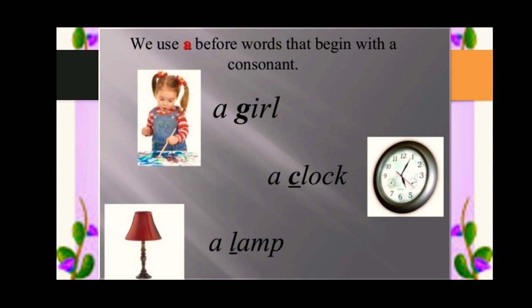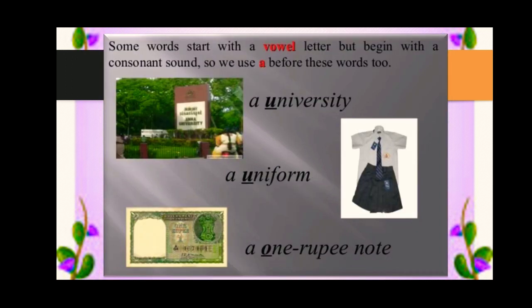Now we will have more examples. As it is already clear that a we use before a consonant sound like a girl, g sound, a clock, k sound, a lamp, l sound. So I hope this one is clear. Now we have a few more examples to make this concept clear to you.